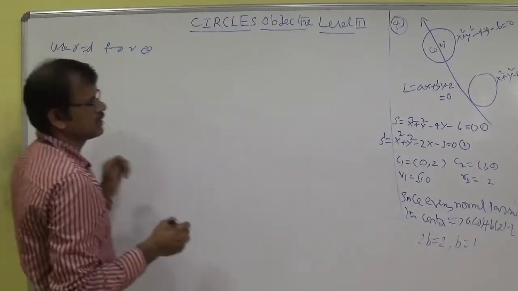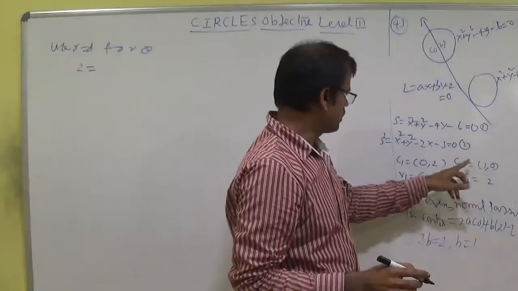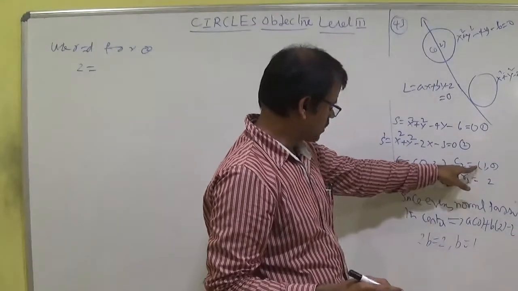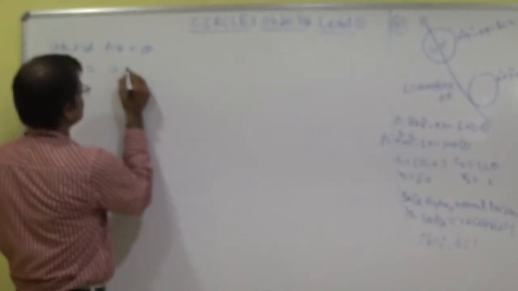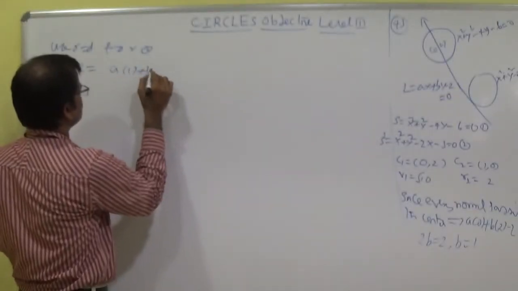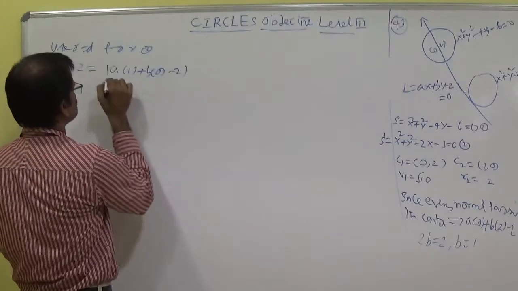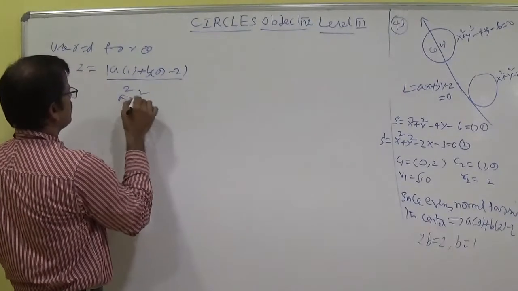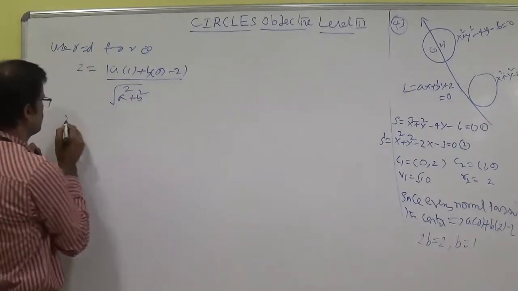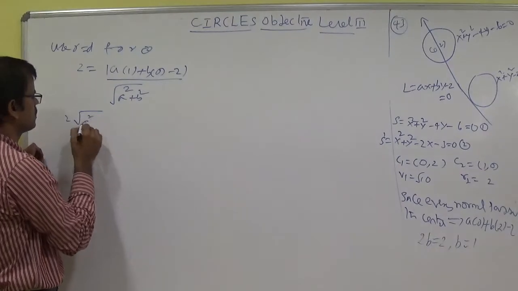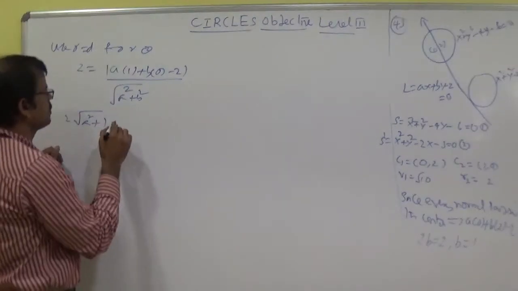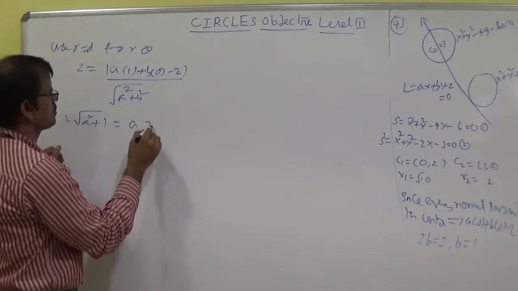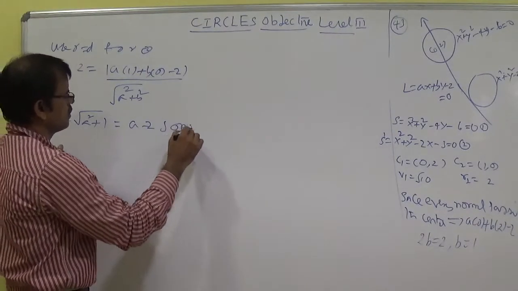What is r? The radius of the second circle is 2, and using (1, 0), write the perpendicular distance. So modulus of a into 1 plus b into 0 minus 2 over root of a square plus b square. Cross multiplying, whenever b is equal to 1, you write 2 into root of a square plus 1 is equal to modulus of a minus 2.